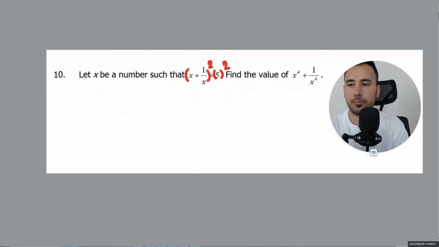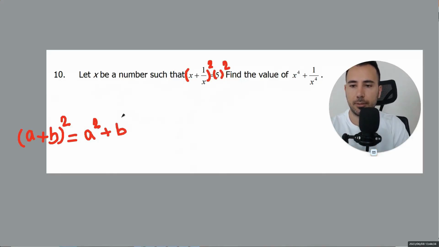And we know, I hope you haven't forgotten, (a plus b) squared equals the first term squared plus the last term squared plus 2 times ab. We're going to just use this formula here. So when you square it, it will be the first term squared, the last term squared, and plus 2 times the first and last.